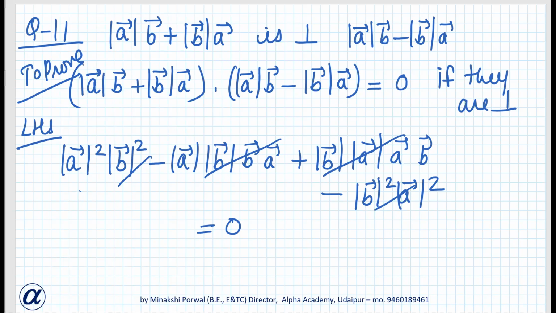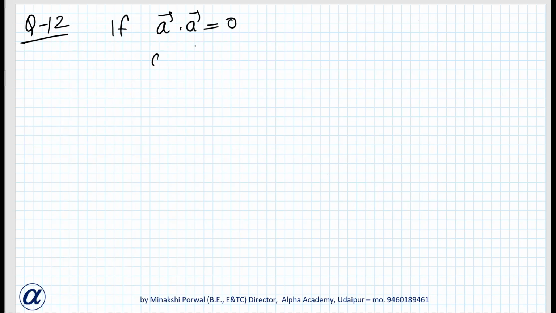Question number 12. If a dot a equals 0 and a dot b equals 0, then what can be concluded about vector b? If a dot a equals 0, a dot a means modulus of a into cos 0, which is 1, equal to 0.